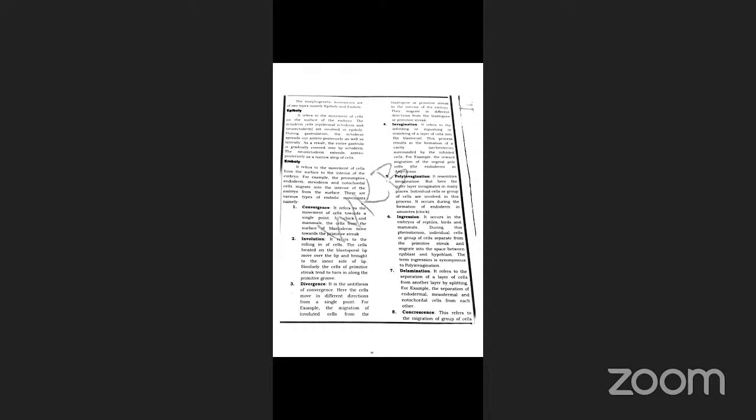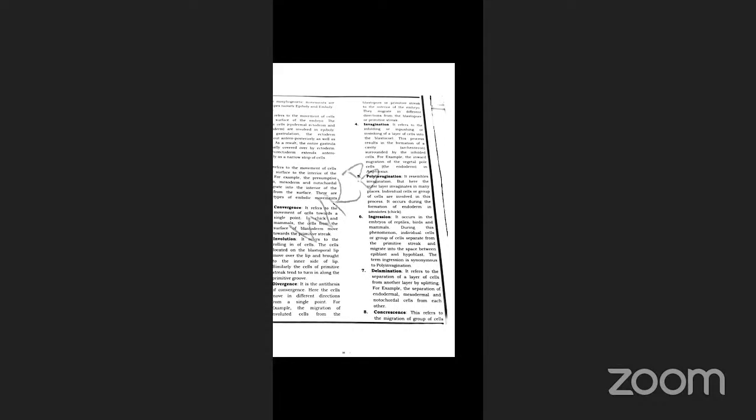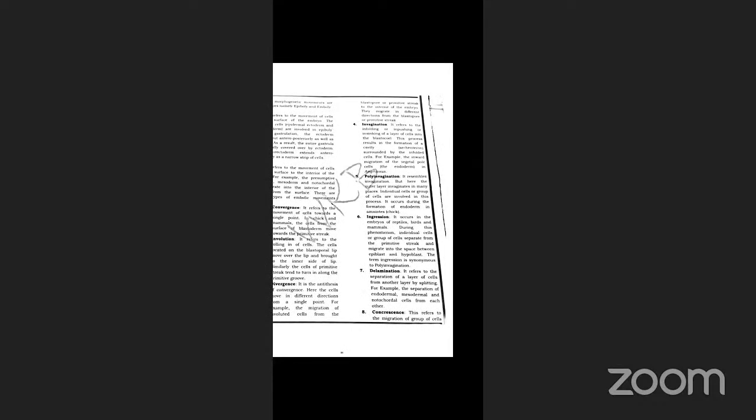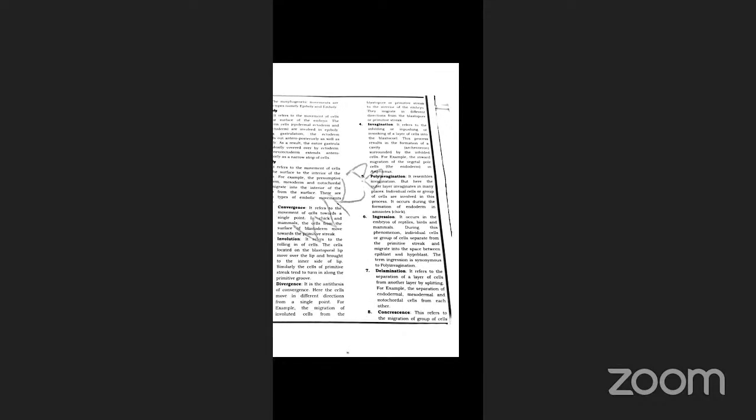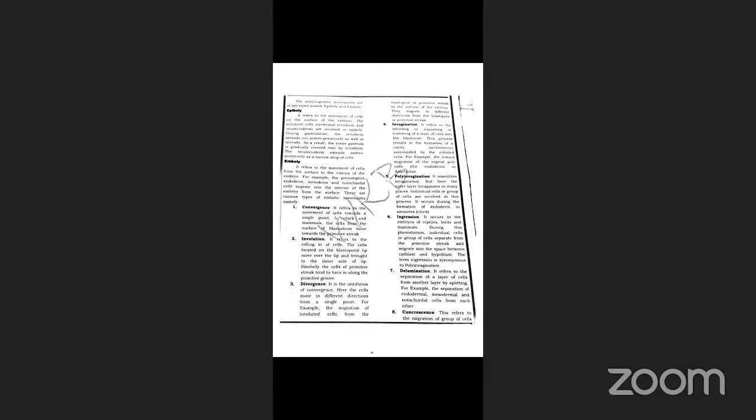Divergence. Here the cells move in different directions from a single point. The migration of involuted cells from the blastopore or the primitive streak to the interior of the embryo is called divergence. They are moving away from the primitive streak to hold different positions.